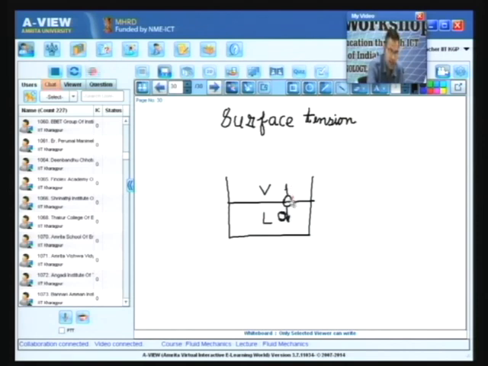The reason is that the density of the liquid side is much more compact as compared to that on the vapor side.